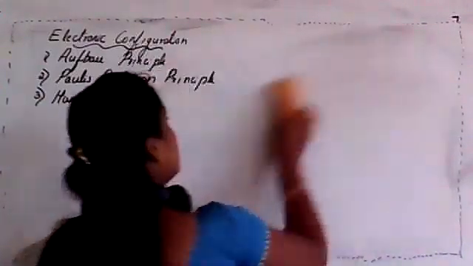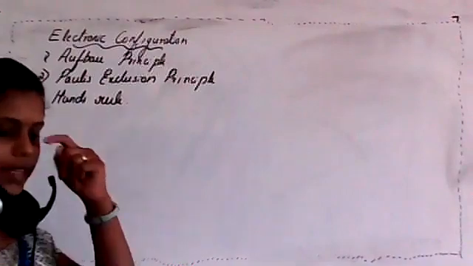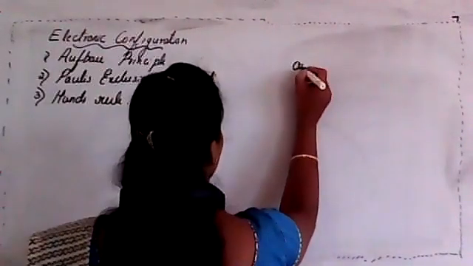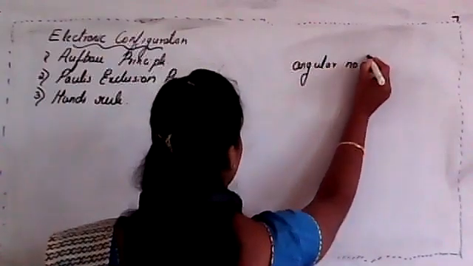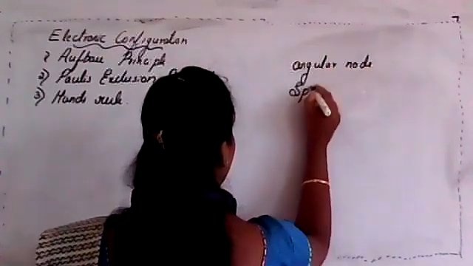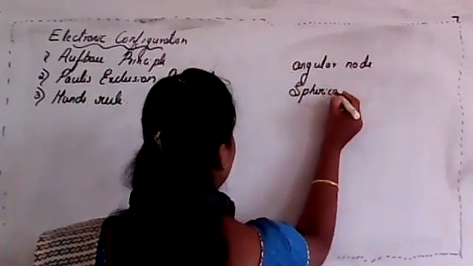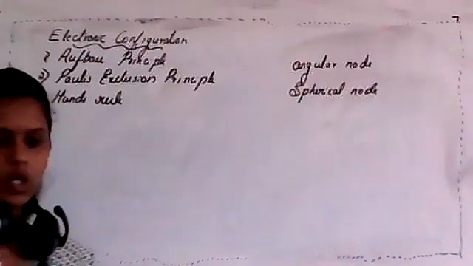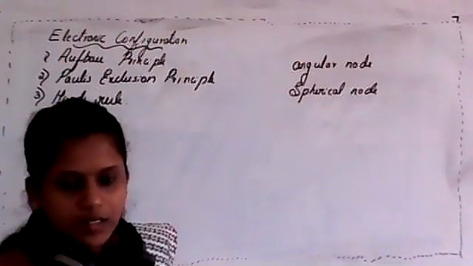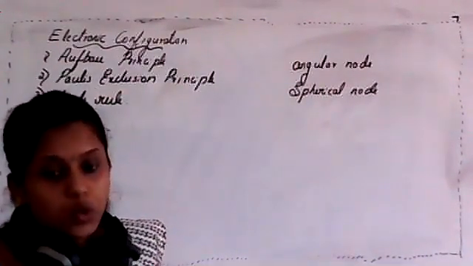Another thing I want to explain is about angular node and spherical node. Students, we already studied about nodes, isn't it?